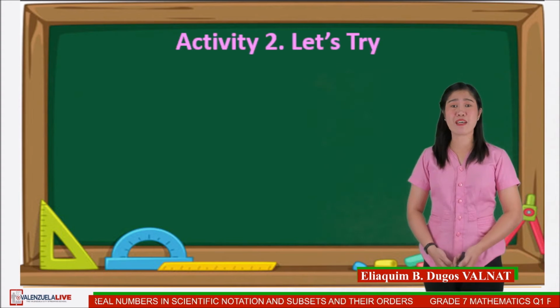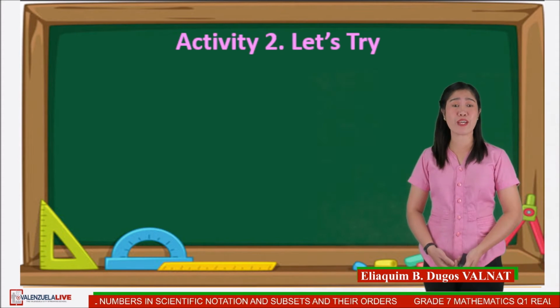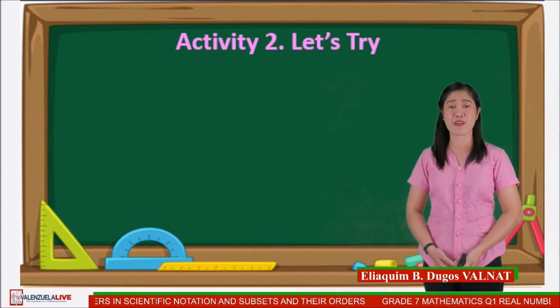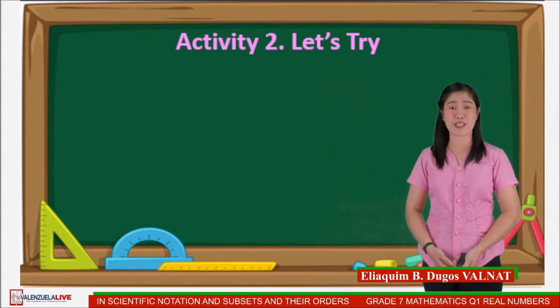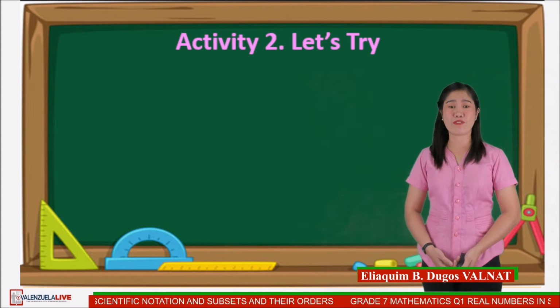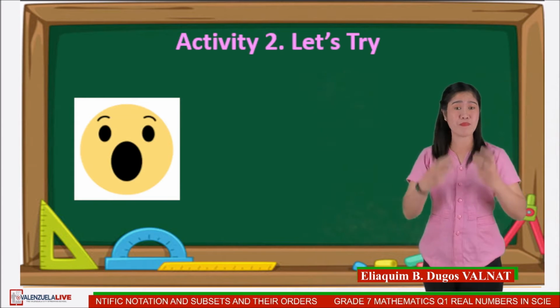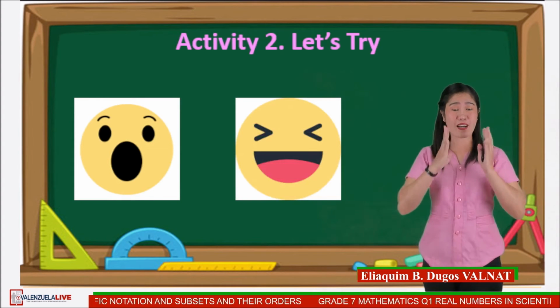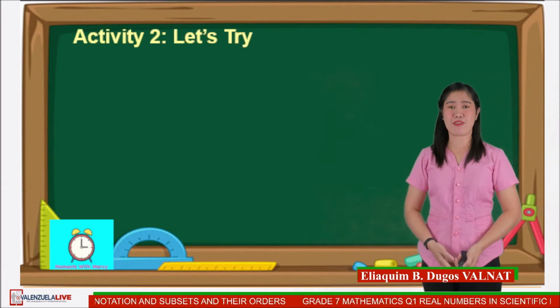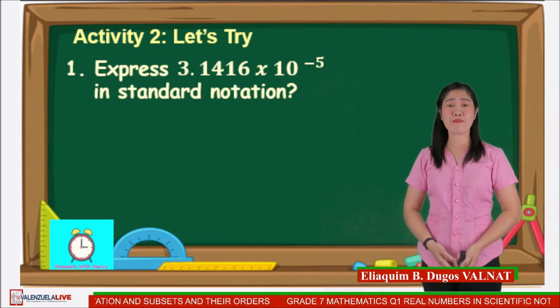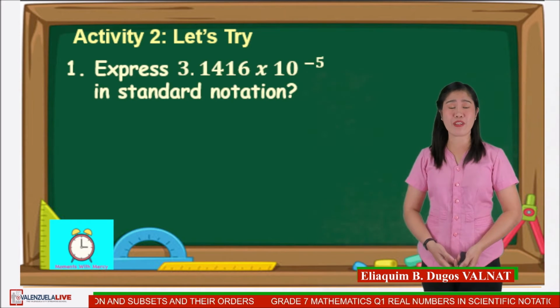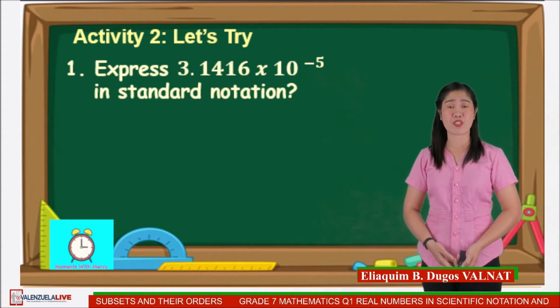This time, let us try if you already know how to express numbers from scientific notation to standard notation and vice versa. All you have to do is click wow or haha emoji. For given number 1, express 3.1416 times 10 raised to negative 5 in standard notation.